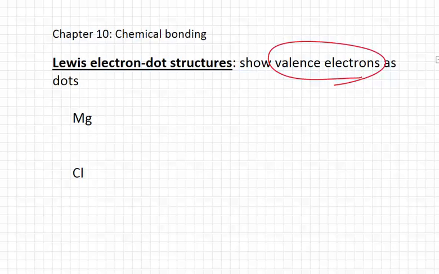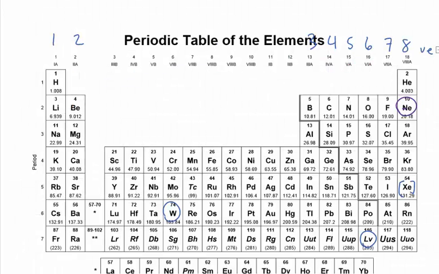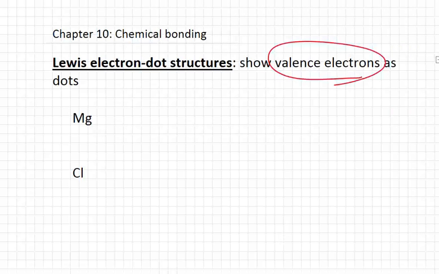So how many dots should I draw on that magnesium? If I'm just drawing the valence electrons, how many valence electrons? You just count the S's and P's, 1 through 8. So let's draw 2 dots. And we're not going to be too particular about where we draw those dots.